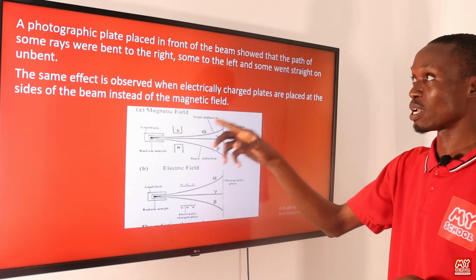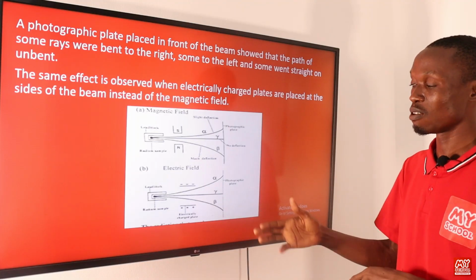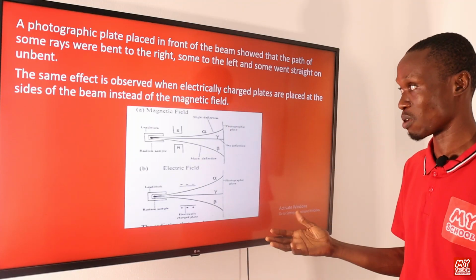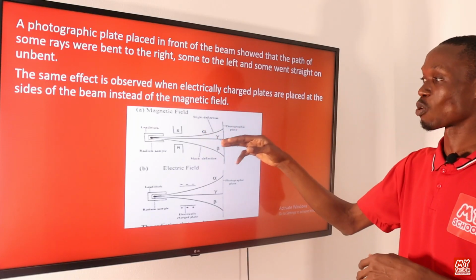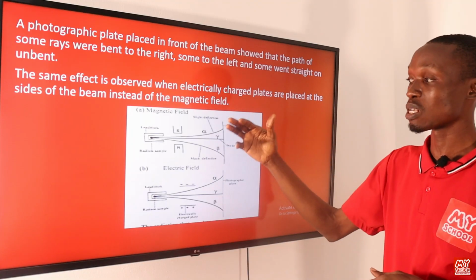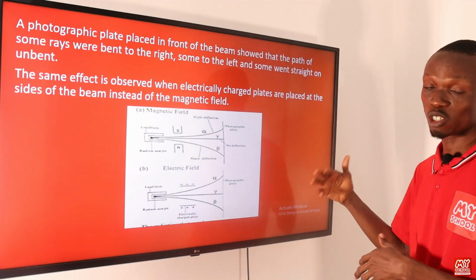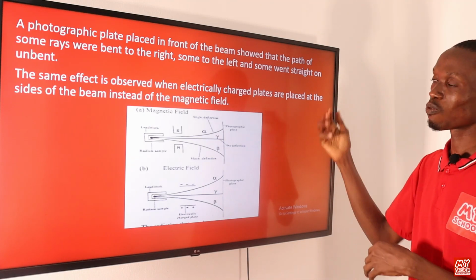And these are the different radiations that were given out from the radioactive sample. You see some bending to the left, some bending to the right, and there's one just pointing straight. So the same thing happened when an electric field was employed instead of a magnetic field. So let's move to the next slide.